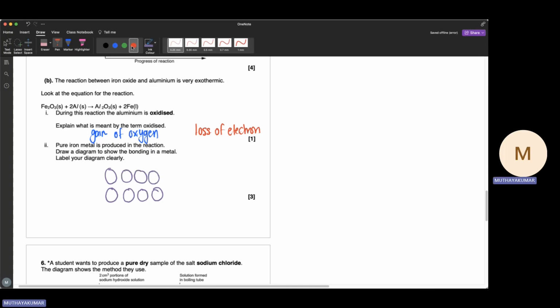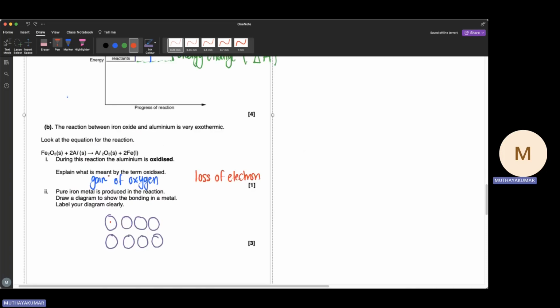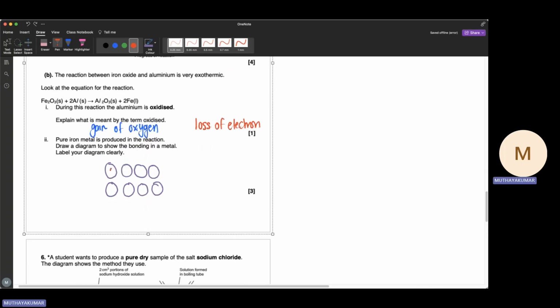Now these circles are representing positive metal ions. So I'm going to draw in a positive charge, and I'm going to label these spheres as metal ions.